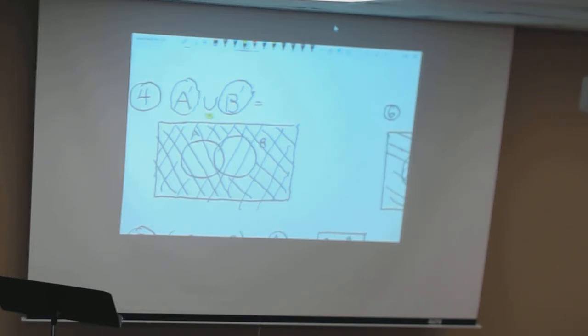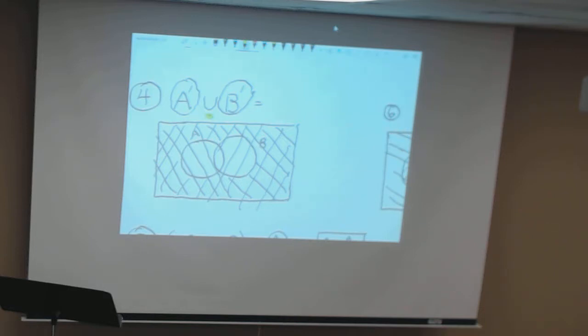Any place where I have marks going either direction? If it said intersection, I would only shade the part that has marks going both directions. Intersection means what they have in common. Union means take all of both of them and put them together.